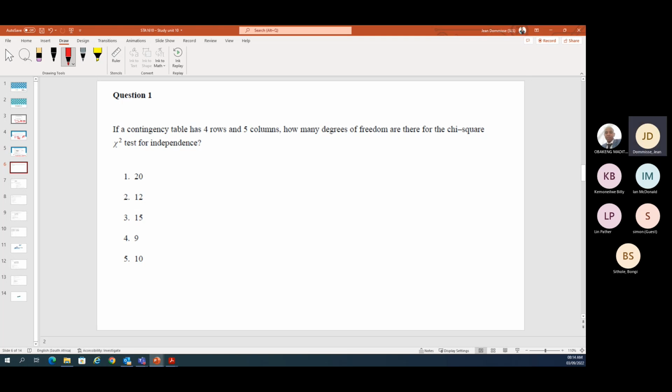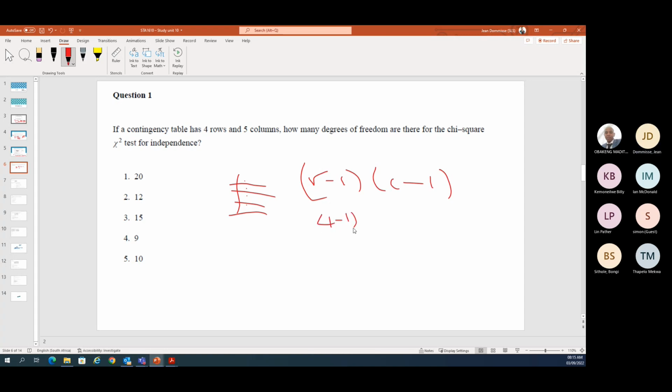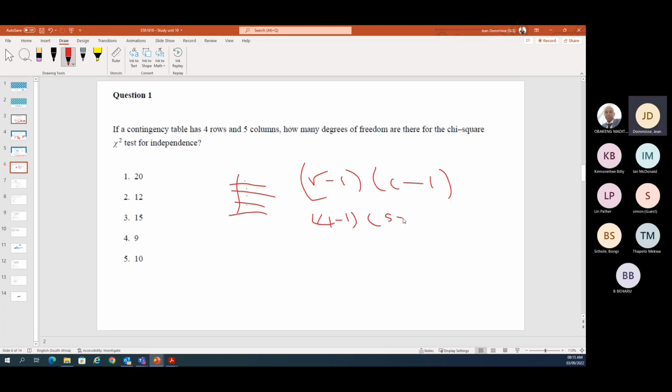So okay, let's continue. If a contingency table has 4 rows and 5 columns, how many degrees of freedom? We know the formula is rows minus 1 times columns minus 1. So this is a nice one: 4 minus 1 is 3, 5 minus 1 is 4, so 3 times 4, and the answer is 12.